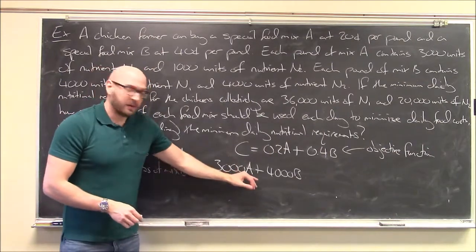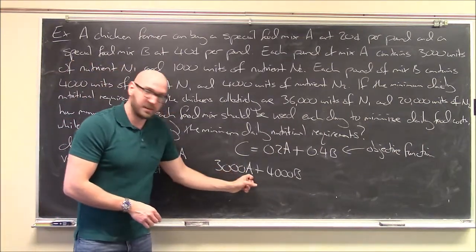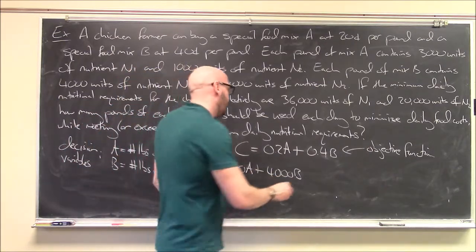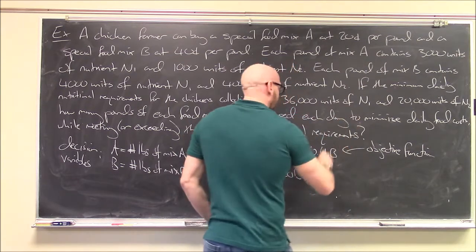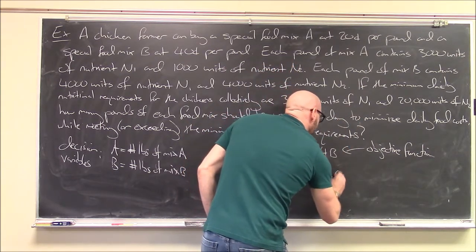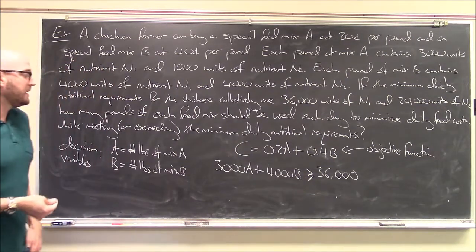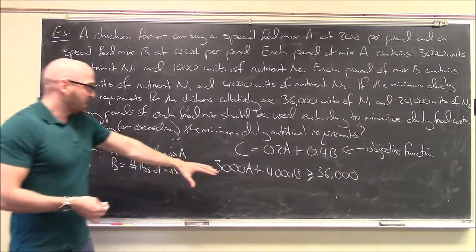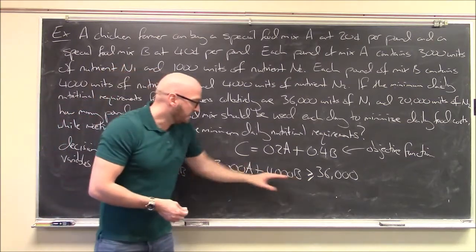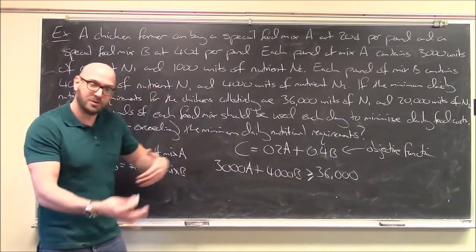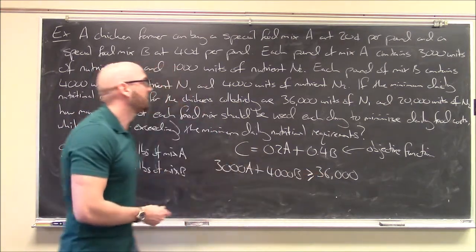So the number of units of N1 they get is 3,000 times A plus 4,000 times B. I need that to be at least as big as 36,000. So I have this constraint on nutrient N1.